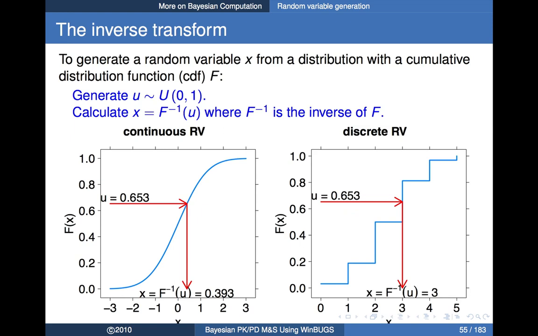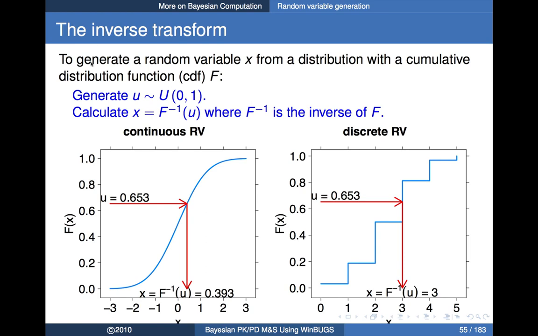So let's talk about probably the simplest to describe and perhaps most common way of dealing with sampling from a univariate distribution, and that's to make use of the inverse transform, assuming we can construct it.